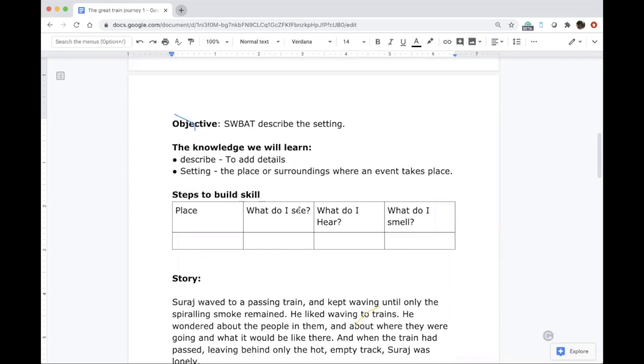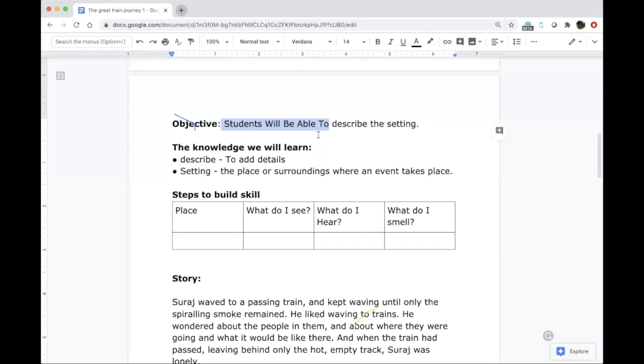Yogita, do you want to tell us what SWBAT is? Students will be able to describe the setting. I don't want to write all of these words, so I use the first letters. SWBAT means that by the end of this lesson, all of the students will be able to describe the setting.